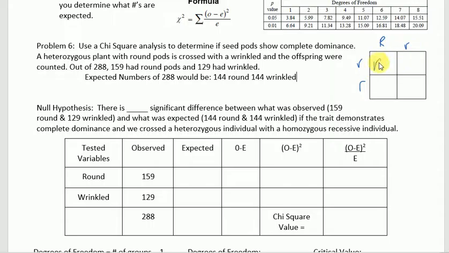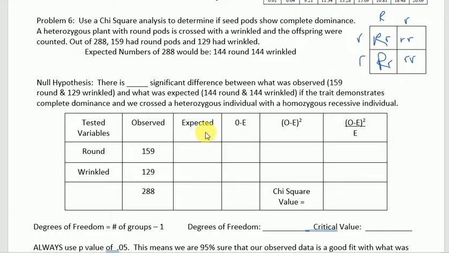So if we do that cross, we're looking at 50-50. So let's go up here. Let's go to our chart. And our expected number, we just said, was 144, because we're doing 50%. And that gives us, again, our 288.